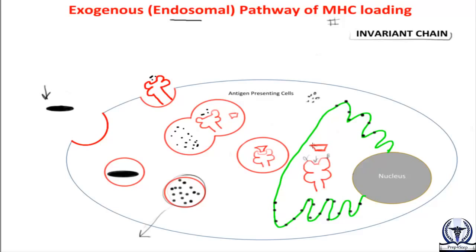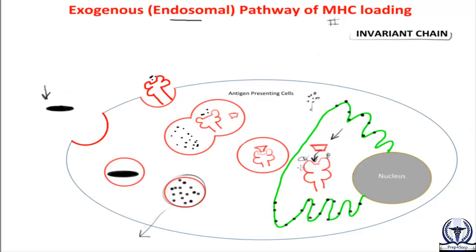So at the same time as we're synthesizing an alpha and a beta subunit of MHC type 2, we're also going to synthesize an invariant chain. This invariant chain is going to sit on this peptide binding groove so it stops any regular cell peptide from binding to it. So we can specifically have our foreign peptides bind to it so we can elicit an adaptive immune response.